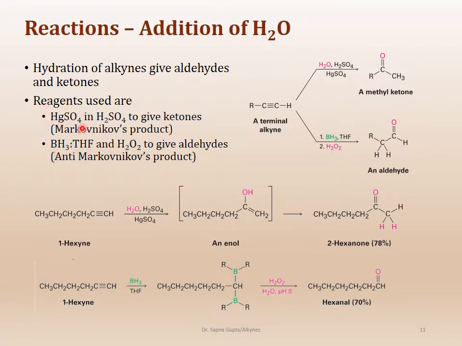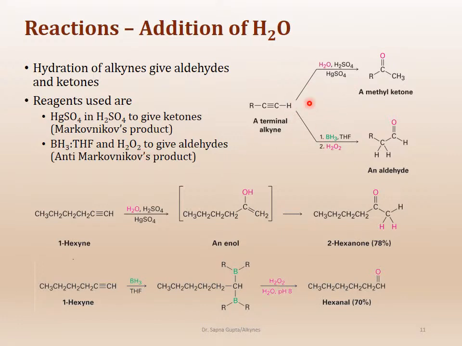Okay, and so the mercury reagent will give you the Markovnikov product, and the hydroboration with hydrogen peroxide will give you the anti-Markovnikov product. Again, this is only when you have a terminal alkyne. If you have an internal alkyne, the Markovnikov does not matter at all, okay, because then you have a symmetrical triple bond.